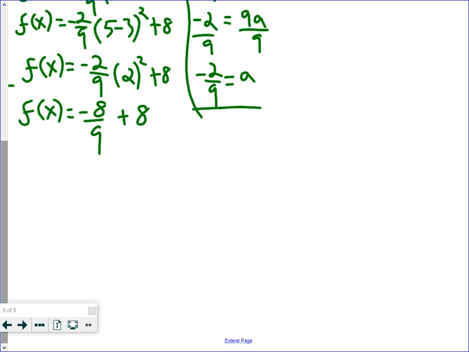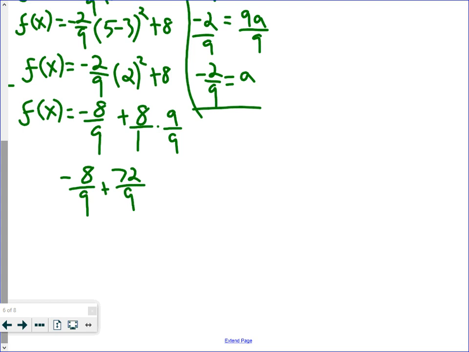So in this case, we need to change the 8 into some number over 9. So I'm going to put the 8 over 1 and multiply it with 9 over 9. Since 9 over 9 is still 1, has a value of 1, and then I can add them up. So negative 8 over 9 plus 9 times 8 is 72, all over 9 times 1 is 9.